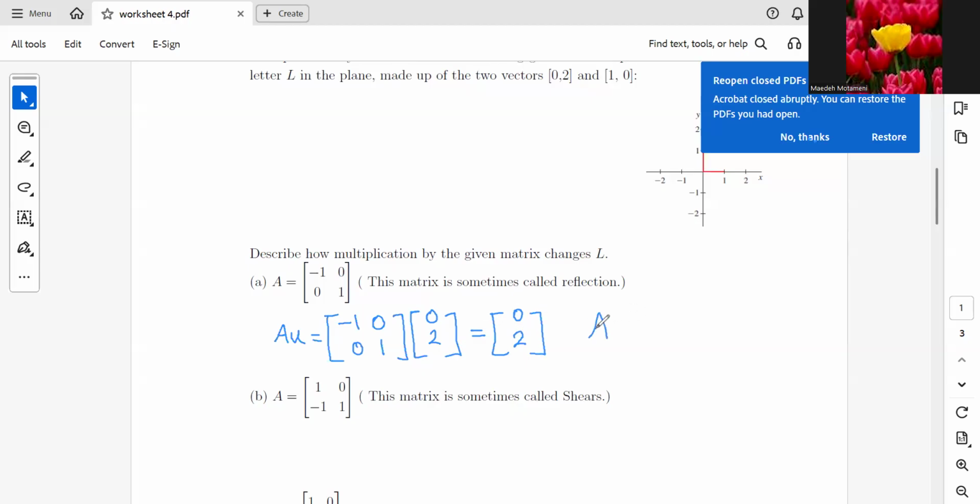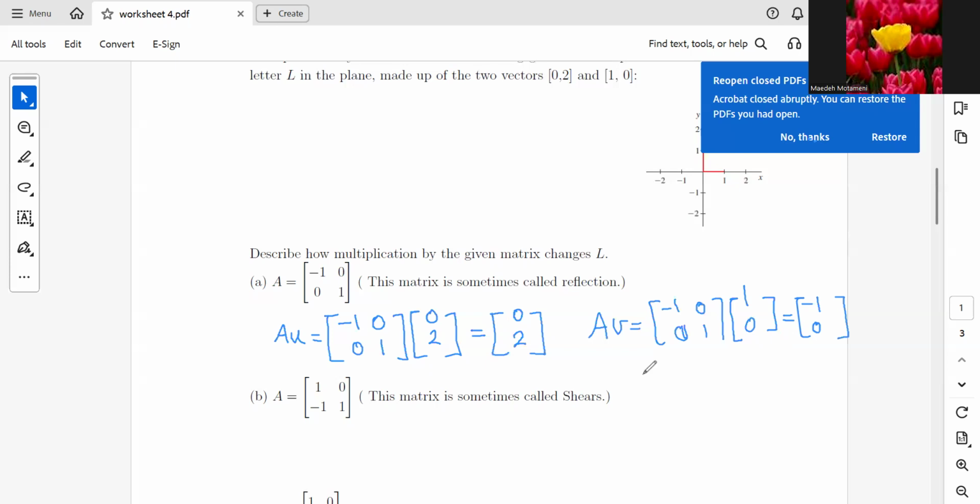But for the second one, if we call it v and we multiply them together, we would have 1, 0 here. And if you apply this, you would have negative 1 and 0. So in here, it seems that something changed.